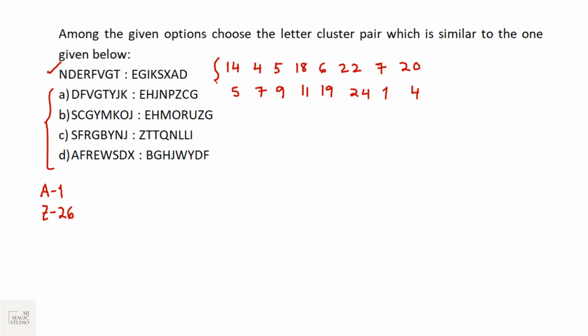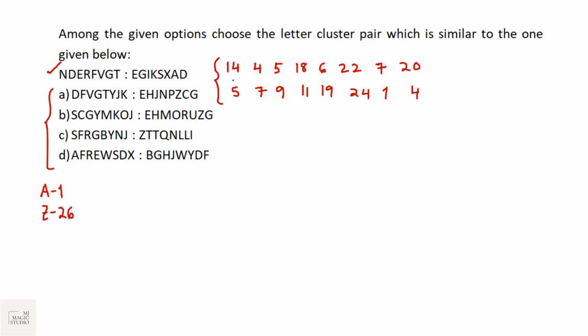Now we try to associate some relationship here. Normally, we find a relationship one to one, either by subtraction or addition. That is the first step.